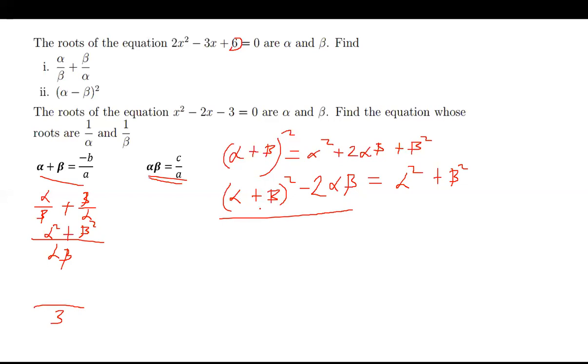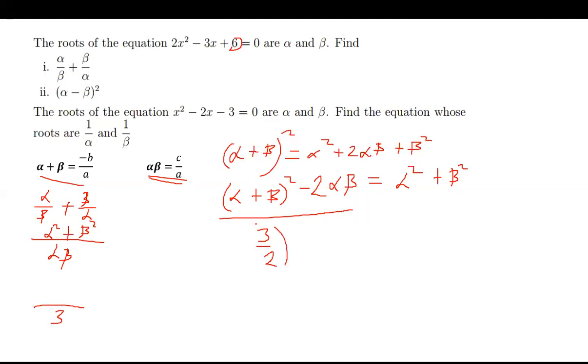So where there's alpha plus beta, we can replace with the things that I needed there. Alpha plus beta is just equal to negative b over a, meaning this will be equal to negative 3 over 2. So here it's going to be negative times negative 3 there. It will be positive 3 over a, which is 2.